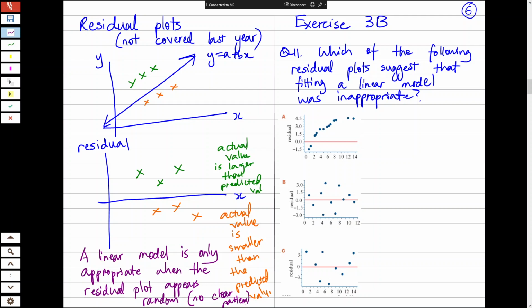This is a very common exam question. They'll give you a residual plot and ask you to comment on whether the linear graph that you modeled with was appropriate. So let's take a look at question 11 now from the textbook. See this residual plot here? Does that look random to you? There's a pattern.